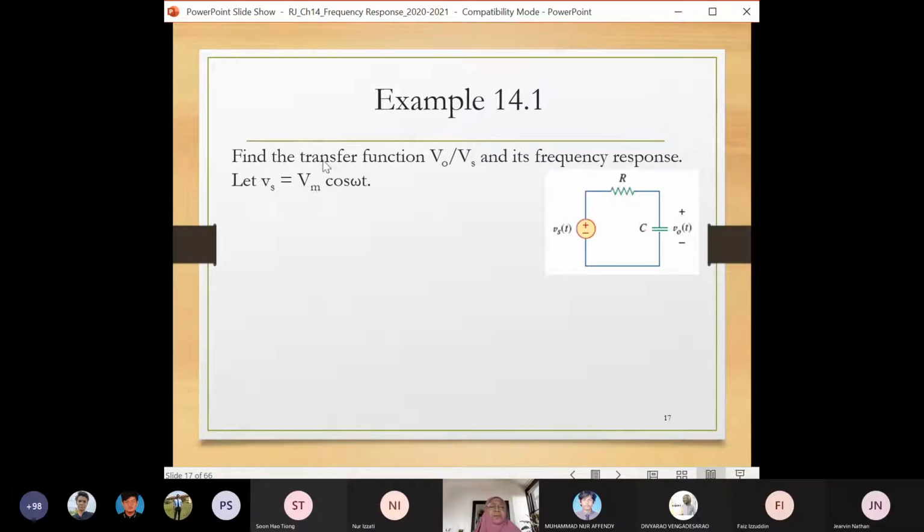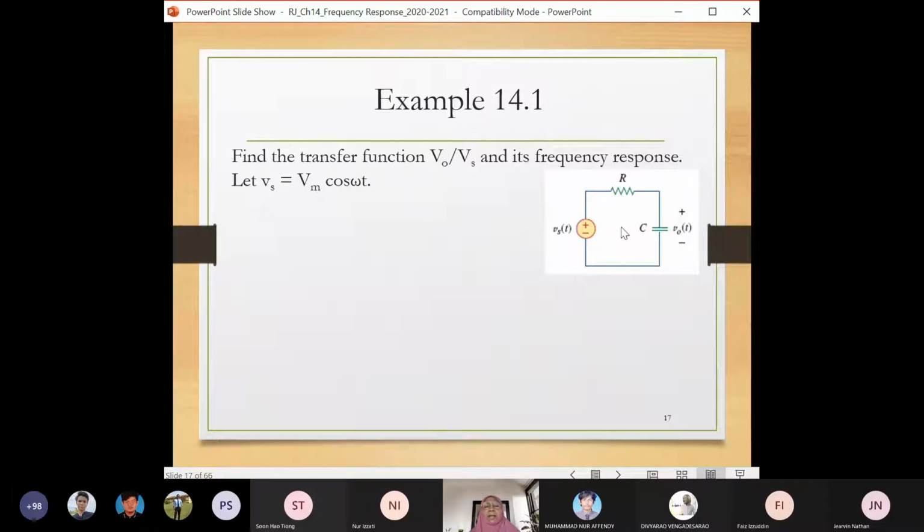But because of the multiplier Vm in front of the cosine function, this will determine the actual magnitude. So if you have 100, the maximum of the Vs will be 100 and the minimum will be negative 100, because the cosine value will be maximum 1, minimum negative 1.